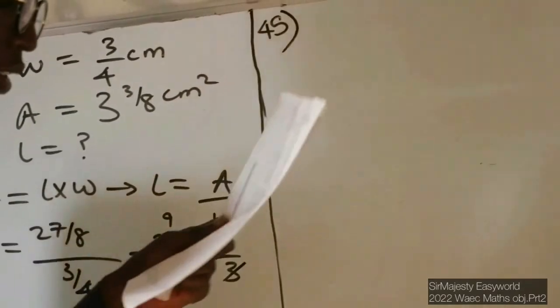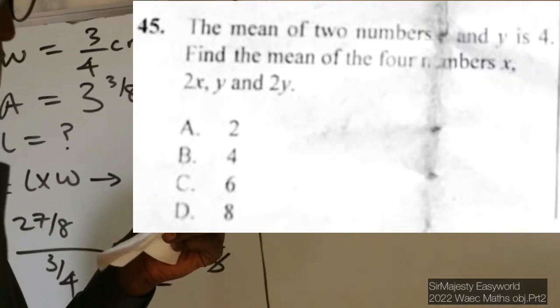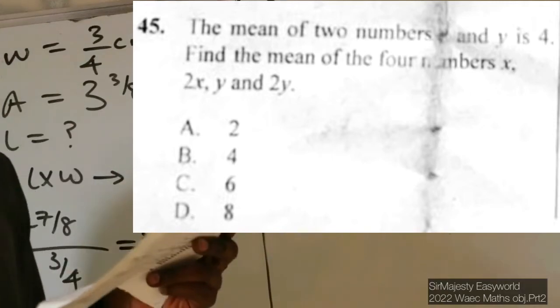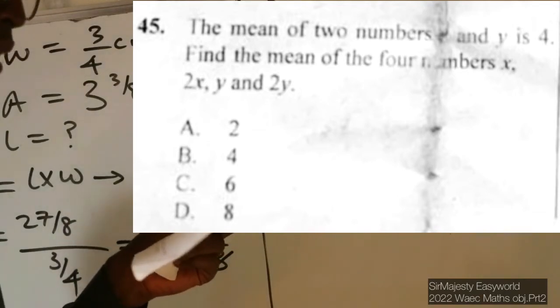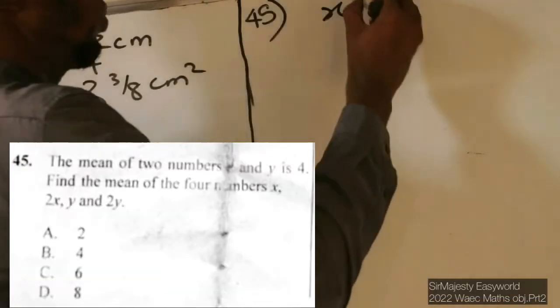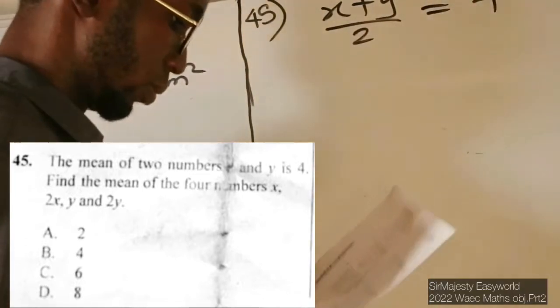Question 45 says, the mean of two numbers x and y is 4. Find the mean of the four numbers x, 2x, y, and 2y. So let's see this question very well. The mean of two numbers x and y is 4, which means x plus y all over 2 is equal to 4.